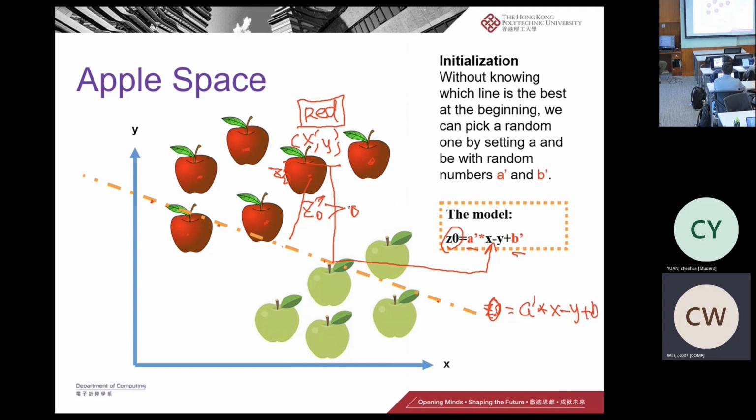And since it's red, it should output a 1, based on the rules we have. And what is the actual label of this sample? It's 1 as well, right? So we can compare those two values.